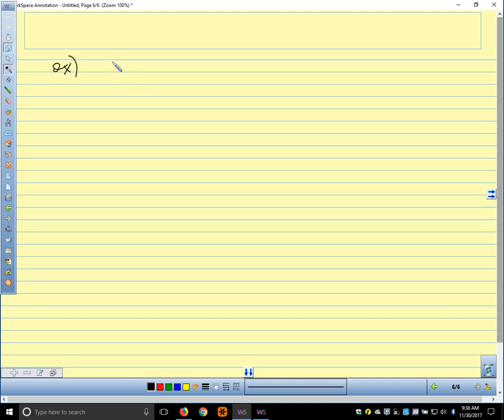The sum n equals 1 to infinity of 2 times 0.4 to the n minus 1. Is this geometric? Yeah, we multiply each term by 0.4 to get to the next term.